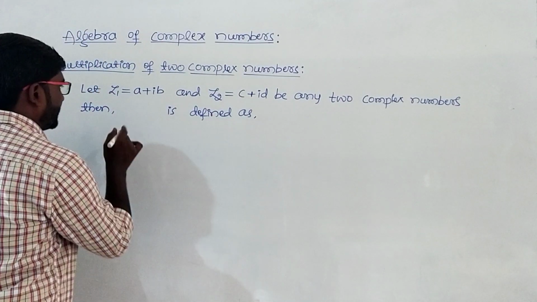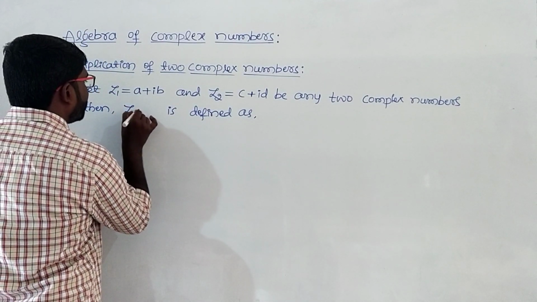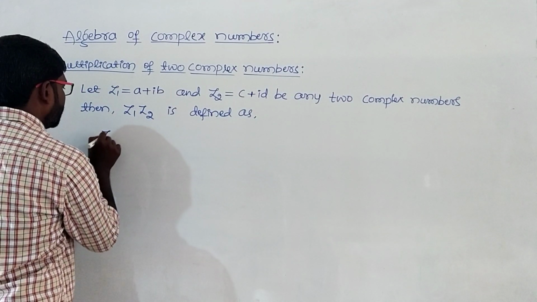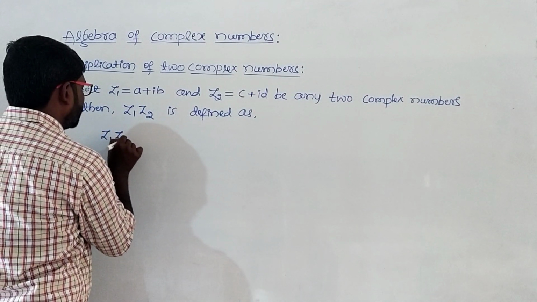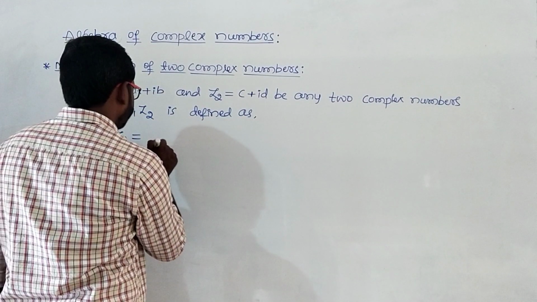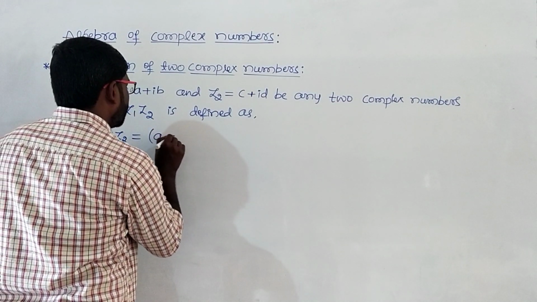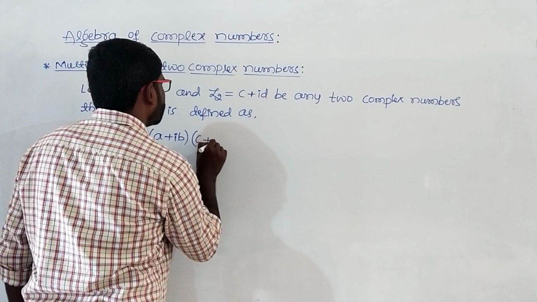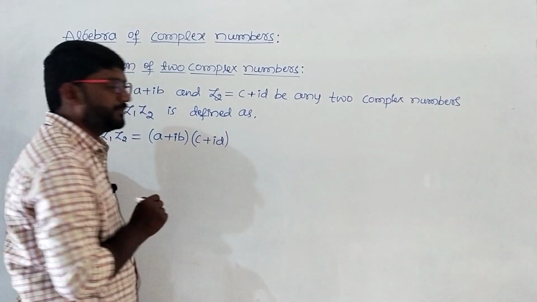Then Z1 into Z2 is defined as Z1 into Z2 equals A plus iB into C plus iD.